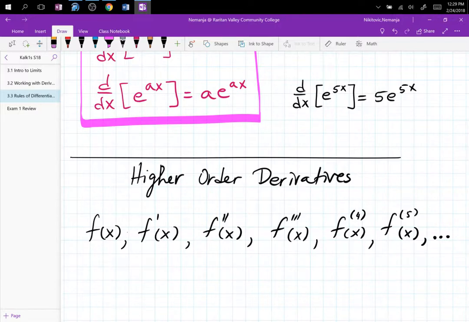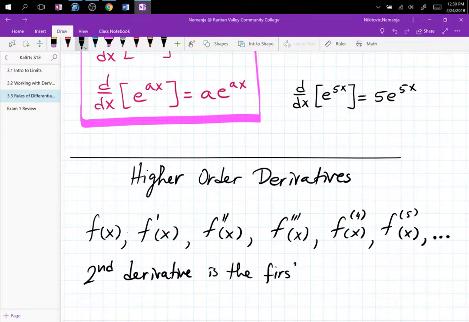So what's the second derivative? The second derivative is the first derivative of the first derivative. I'm going to write that down. So the second derivative is the first derivative of the first derivative.